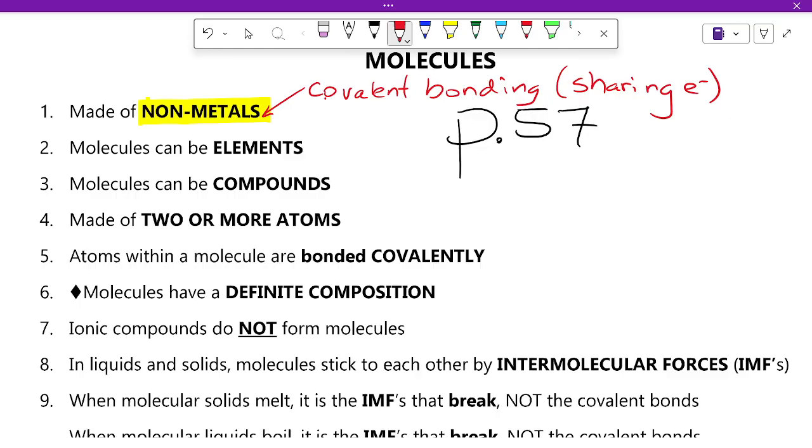You could have a molecule that is an element. Those two atoms are the same. That's why it's a molecule of an element. You could have a molecule that is a compound.